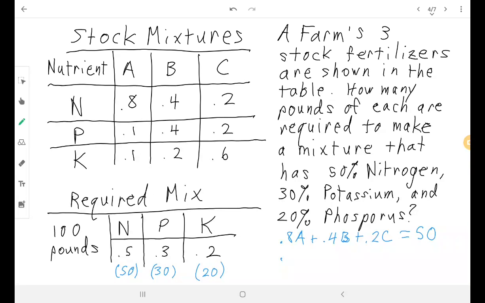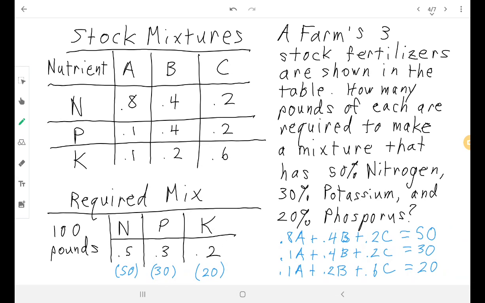And then for the potassium, 0.1A plus 0.4B plus 0.2C equals 30 pounds for the potassium. And then for the phosphorus, 0.1A plus 0.2B plus 0.6C, and that'll equal 20 pounds.